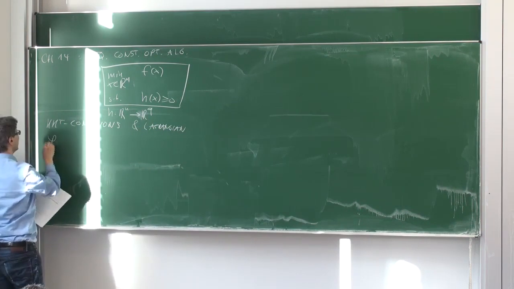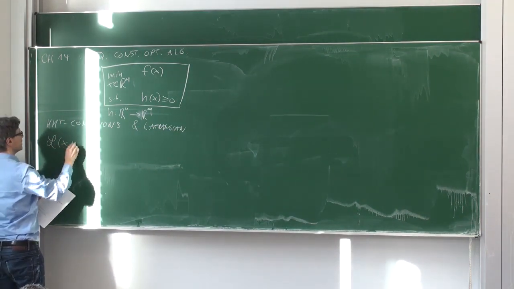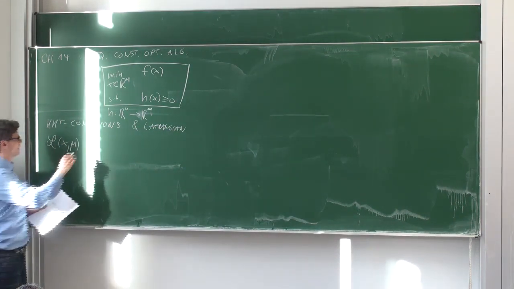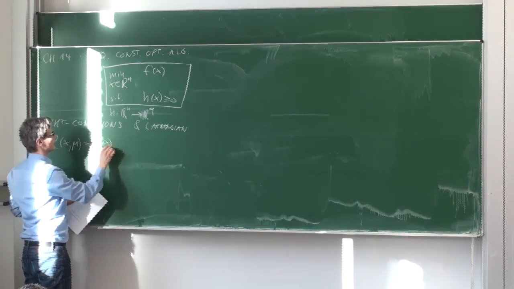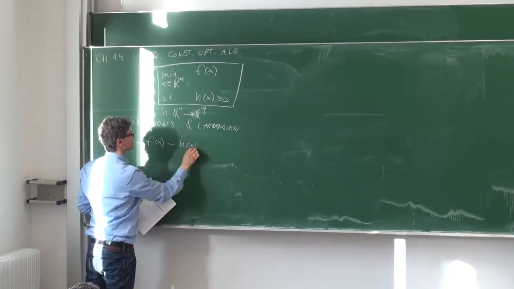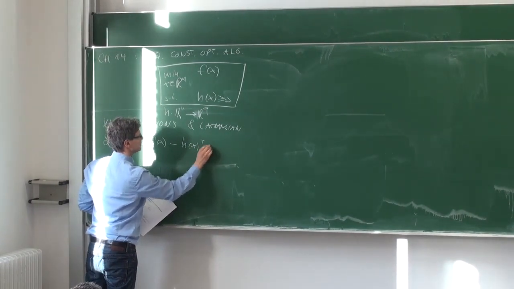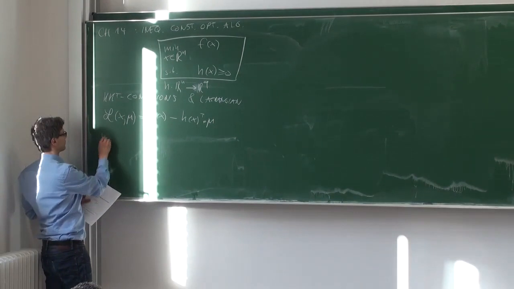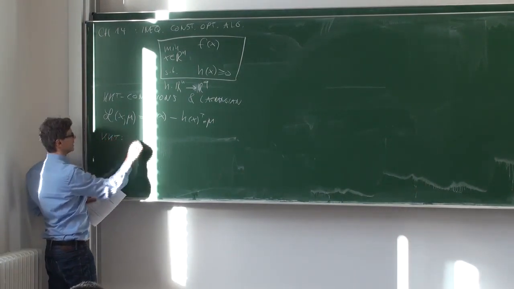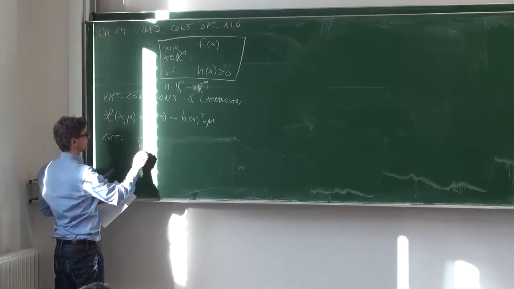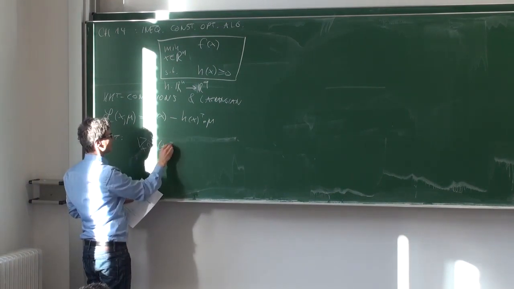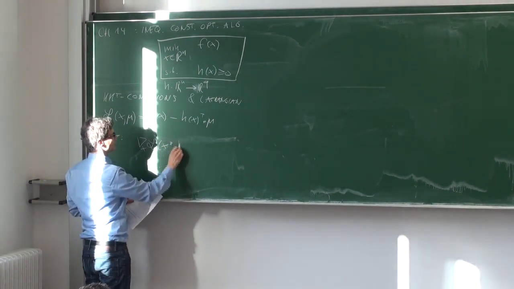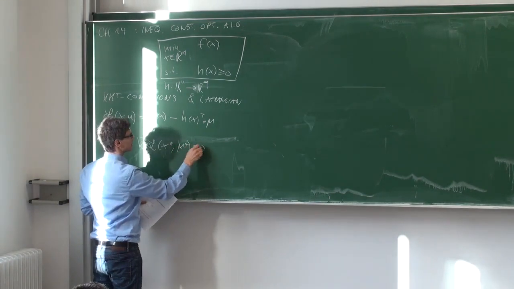So L is now depending only on x and mu. There is no lambda. And it's f of x minus h of x transpose times mu. And our KKT conditions are now that the gradient of the Lagrangian with respect to x at the optimal point x star, mu star should be equal to 0.